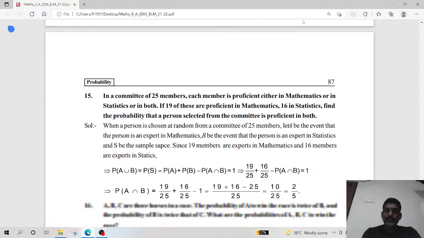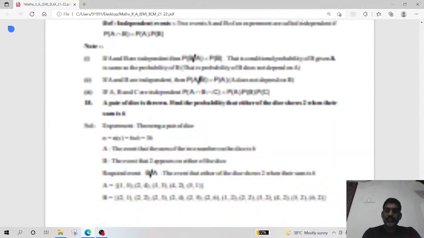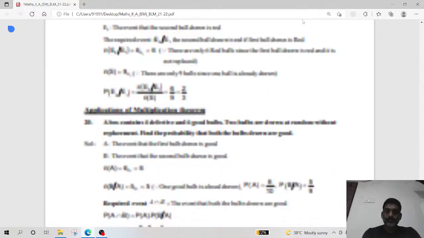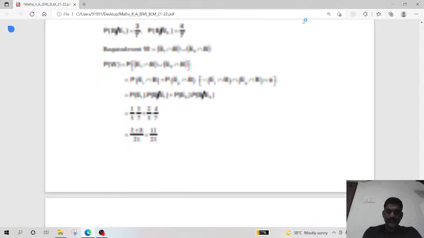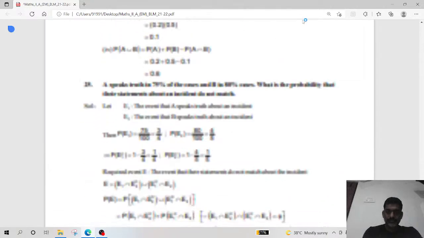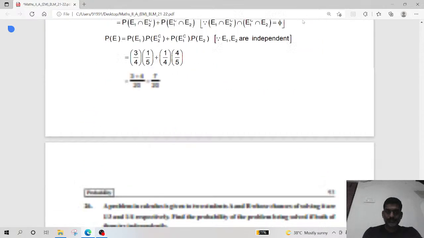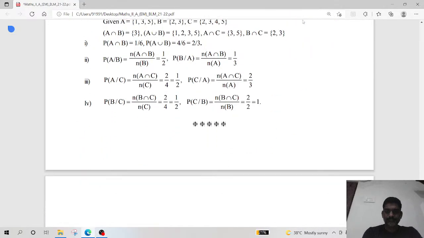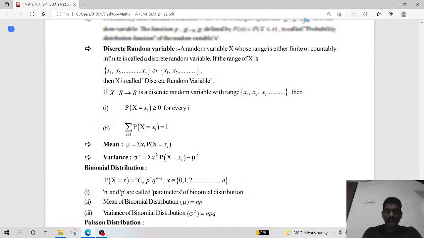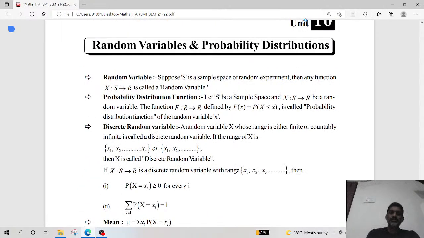It is like a major topic. Random variables and probability distribution, chapter number 10. So, random variables.